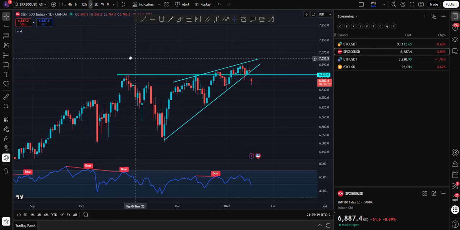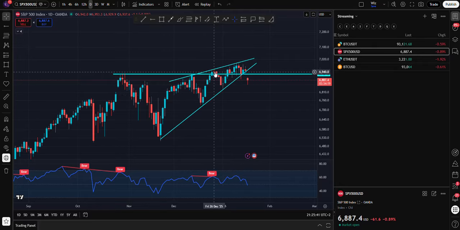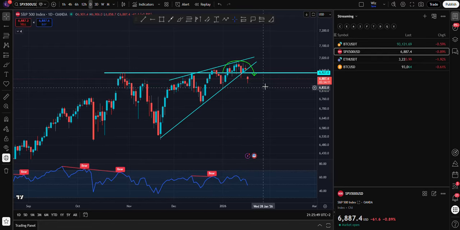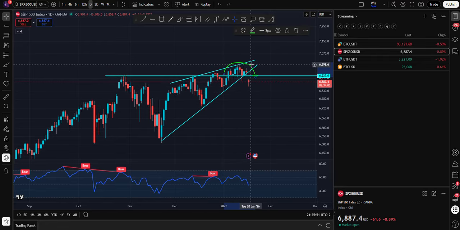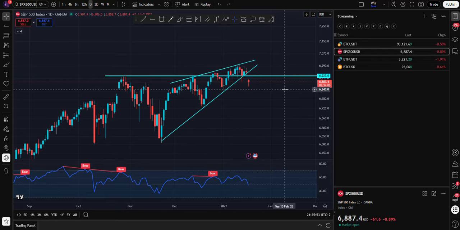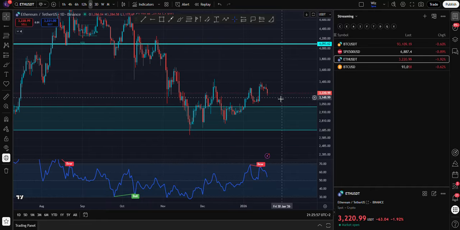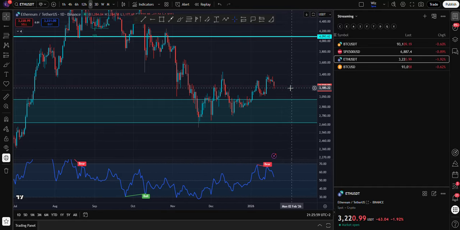See, range highs, breakout, fake breakout once again, and back into the range. Not good, obviously. What else about Ethereum?